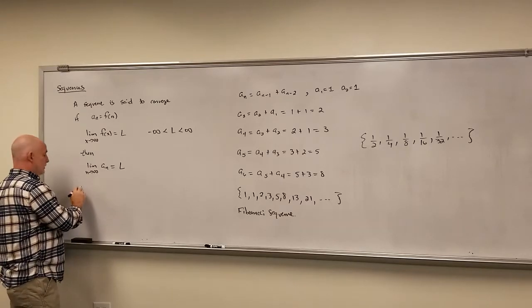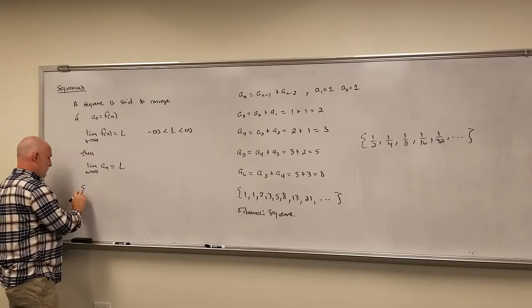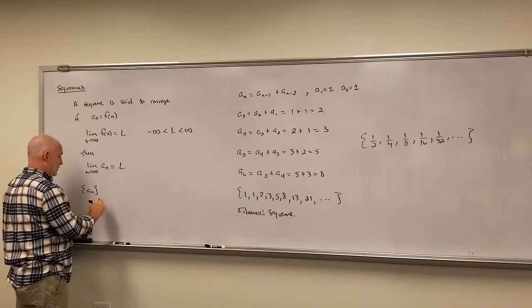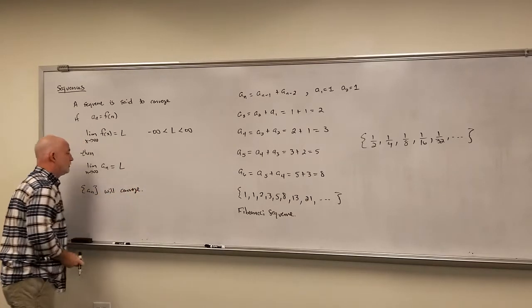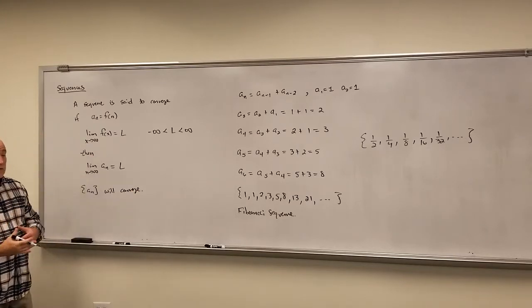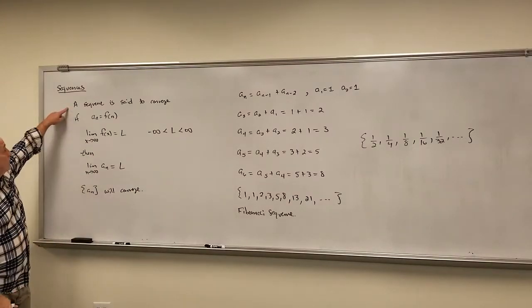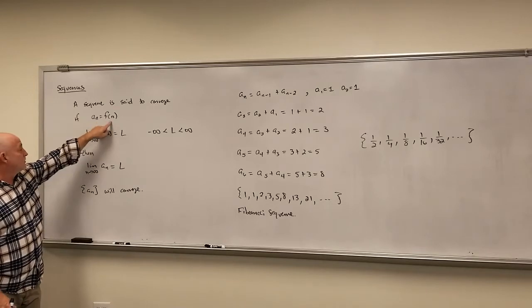So, a sub n converges. Okay, so let's see if we can understand how I have this written. It says the sequence is said to converge if we have a sub n some function of n.